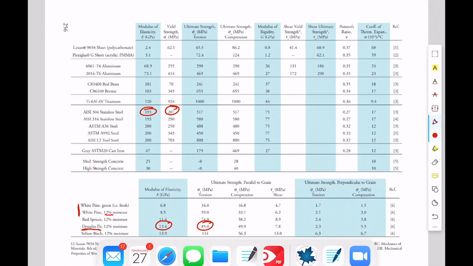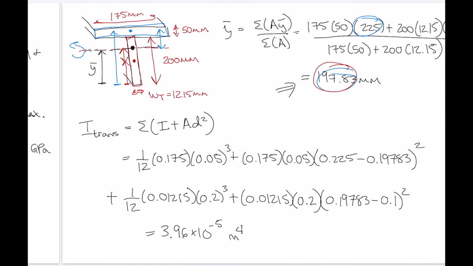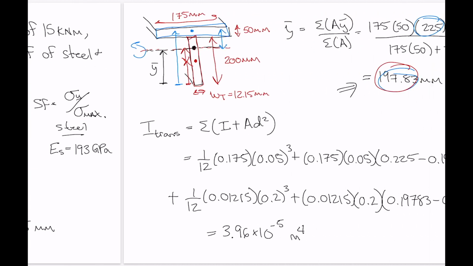So let's go back here. Erase this off. 85 times 10 to the 6 divided by the ratio of the moduli of elasticity. So that was 13.4 gigapascals divided by 193 gigapascals. Again, let's just check those numbers to make sure we had them right. So yeah, 13.4 and 193.